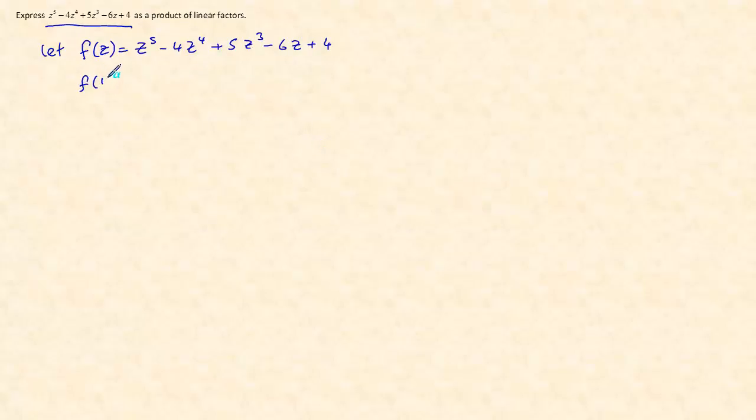So we'll try f of 1. So that's 1, take away 4, add 5, take away 6, add 4, and that gives me 0. So we know that z minus 1 is a factor.